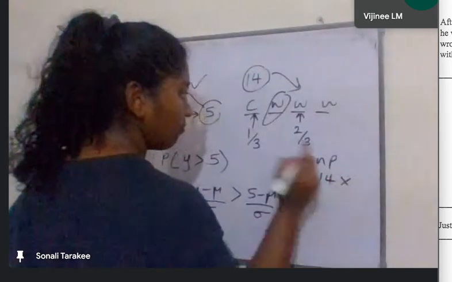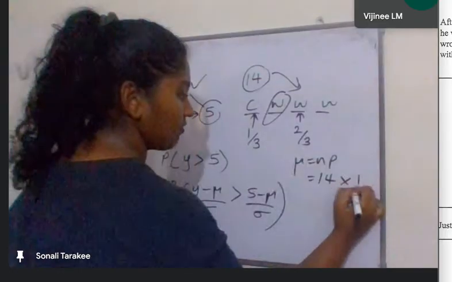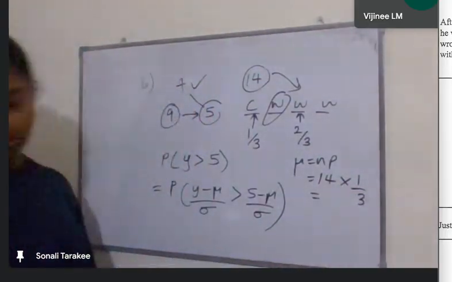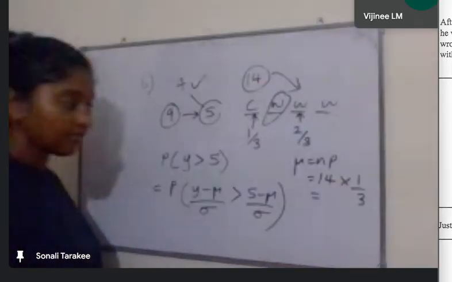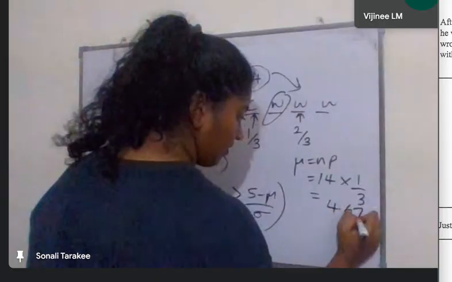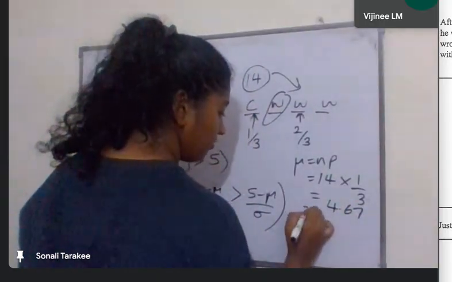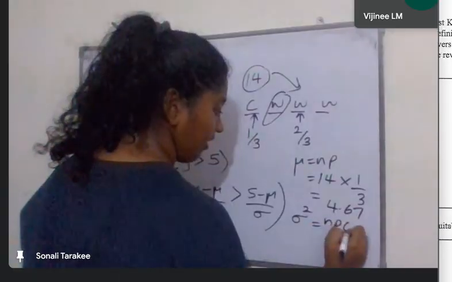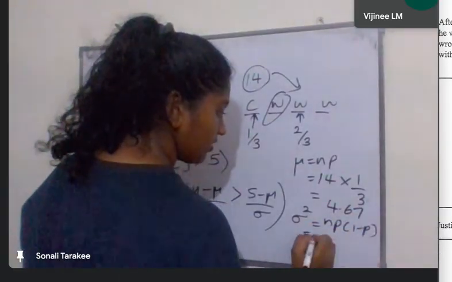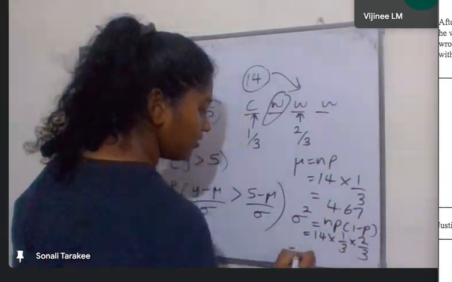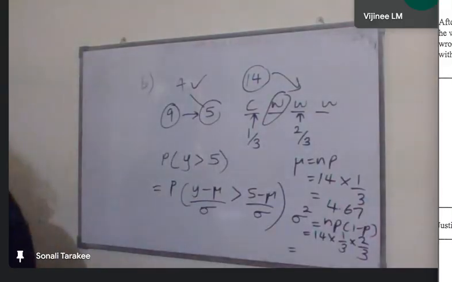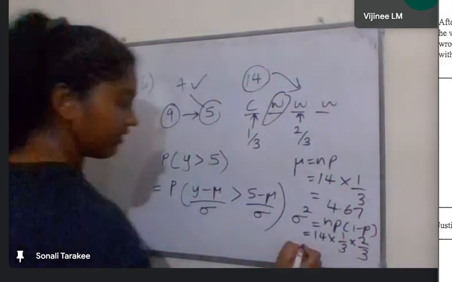So 14 into p, the probability of success, 1/3. You get the value 4.67. Then for variance, np(1 minus p), which is 14 into 1/3 into 2/3, you get the value 3.11.